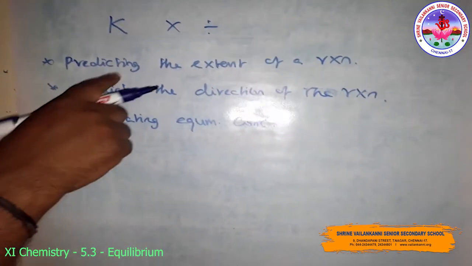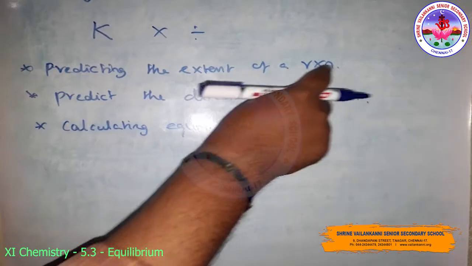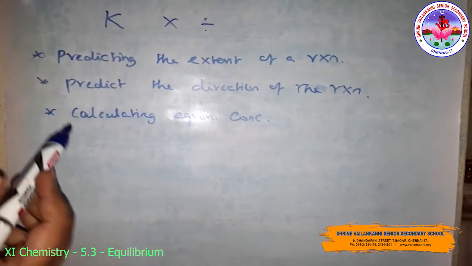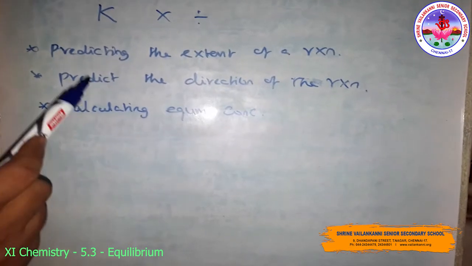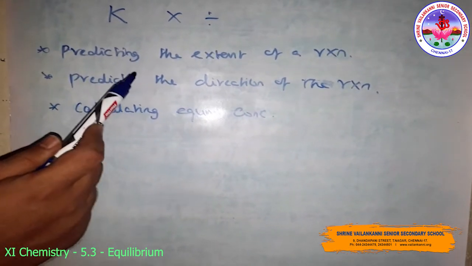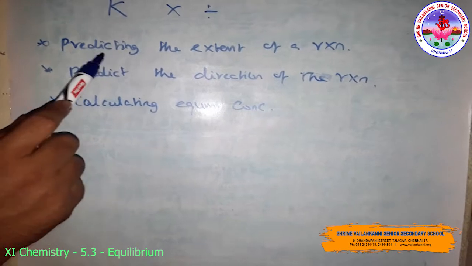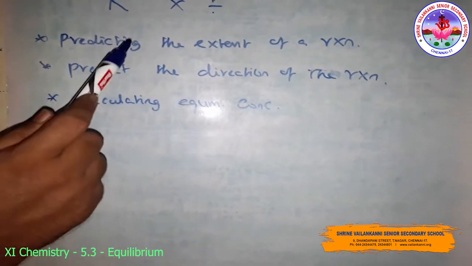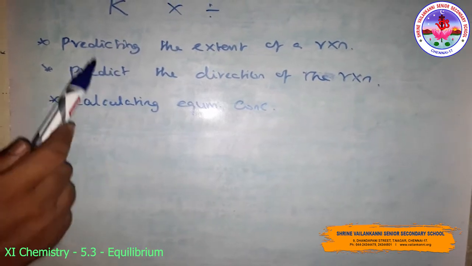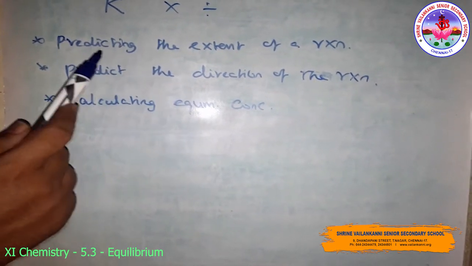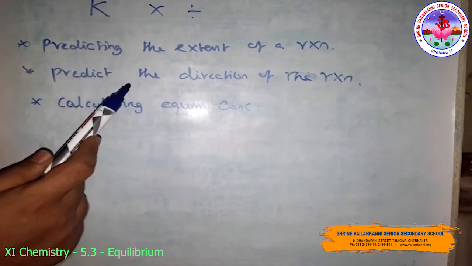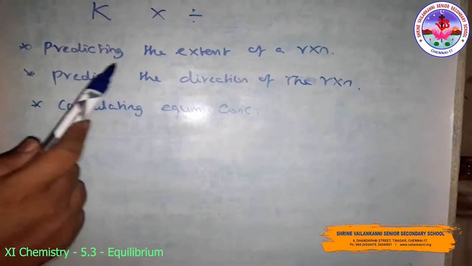First we will discuss predicting the extent of a reaction. The numerical value of the equilibrium constant for a reaction indicates the extent of the reaction. But it is important to note that an equilibrium constant does not give any information about the rate at which equilibrium is reached.